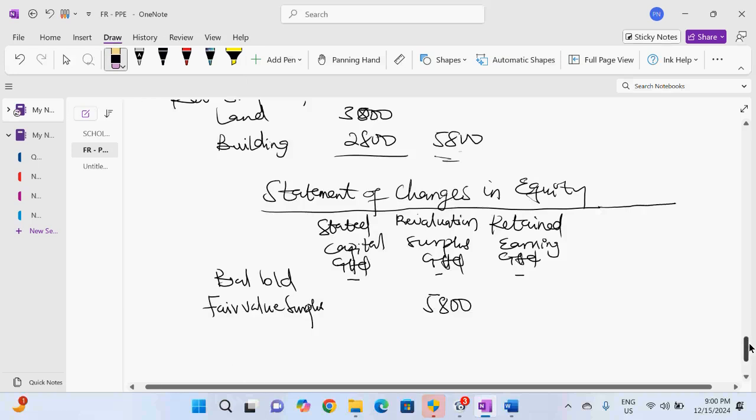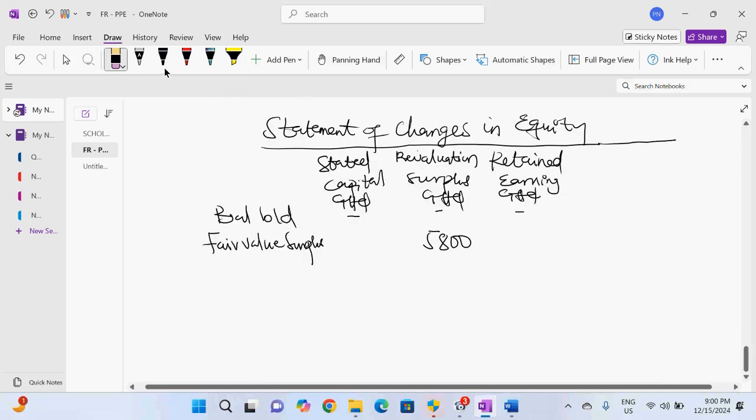This is a separate working. Asset depreciation is the revaluation surplus over the remaining useful life.